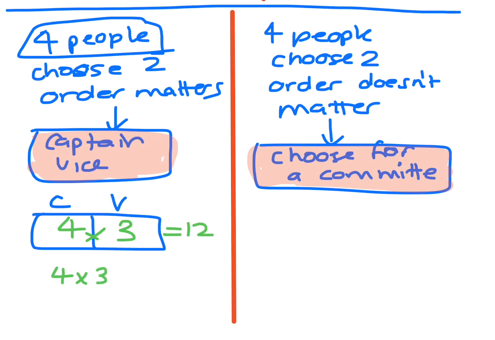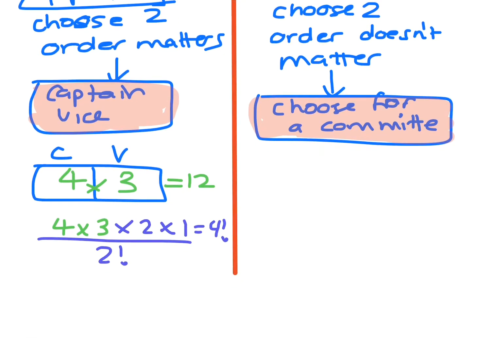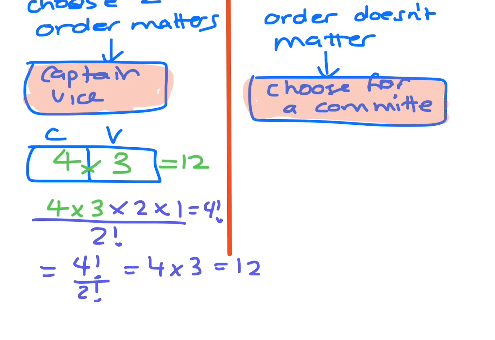Now, I want you just to realise that that has the tail end of that factorial. If you put the whole 4 factorial, the 2 factorial is actually divided out of that. So it's actually 4 factorial on 2 factorial, which gives you 4 times 3, which gives you 12. Now, we'll come back to that in a minute.